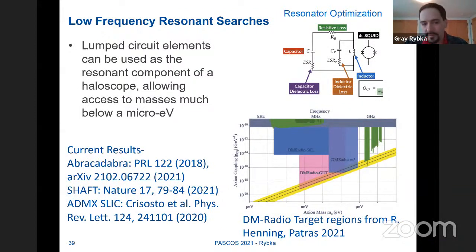There's a series of experiments like this. ABRACADABRA has a result out there. I believe they're in the green at the top of this plot. There's also things like SHAFT and DM Radio. DM Radio has their projections for future experiments there. They think they can get down quite low, ADMX-like and things like that.